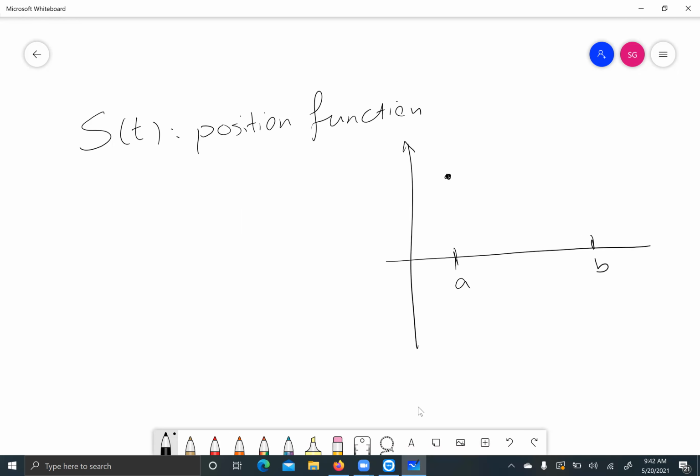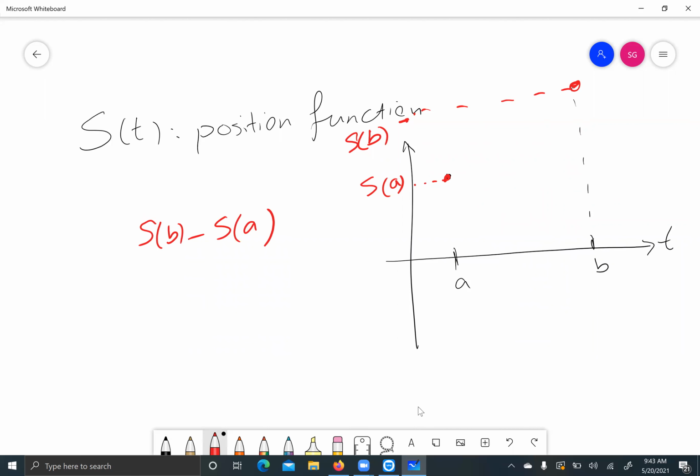Suppose S is the position function, and you want to see the distance traveled from A to B. So you should look at the place of, suppose this is T, this is S. Suppose this is S of A, and then you have, for example, S of B. And then the distance traveled is going to be S of B minus S of A.